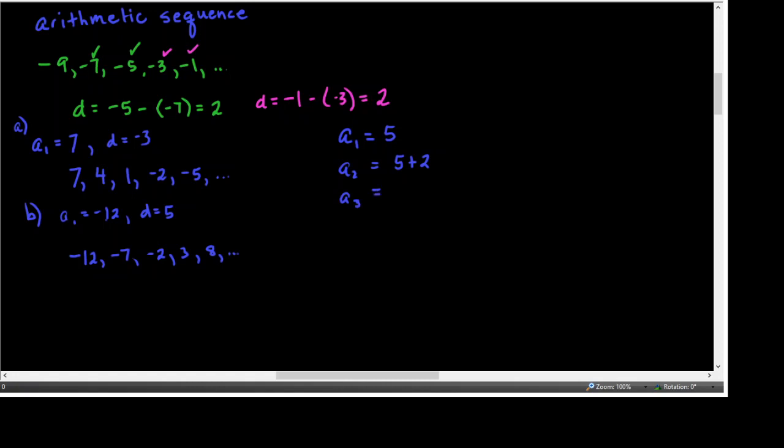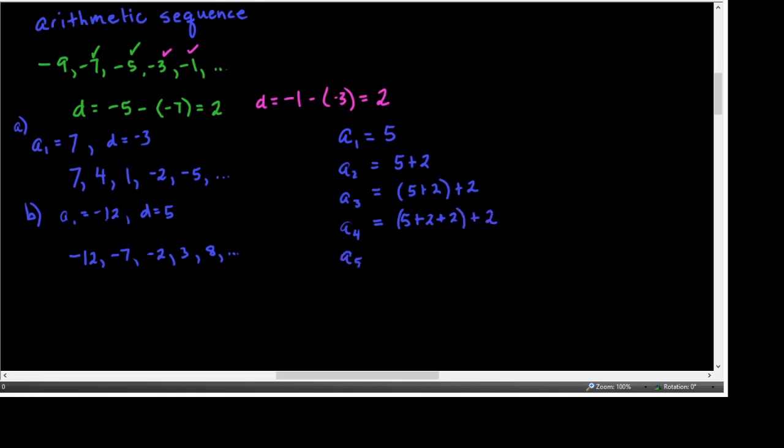And then we're going to take that last answer and add another 2 to it. You notice I'm not simplifying. To get the fourth term, I'm going to add the third term plus yet another 2.